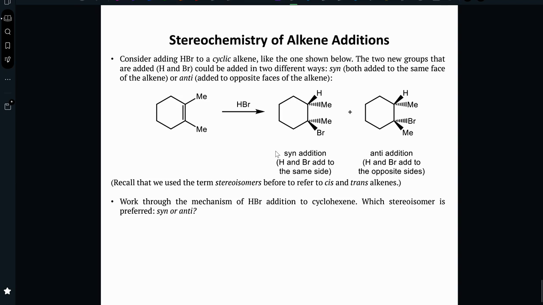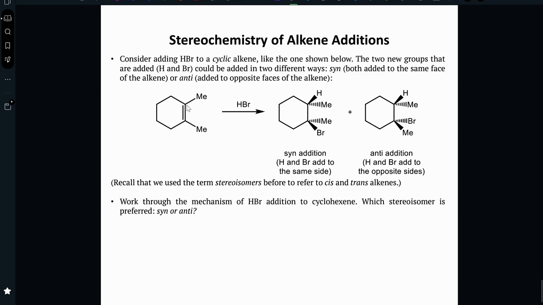So if we were adding HBr to the alkene I've shown over here, there are a couple of different products we might predict. We could add the hydrogen and the bromine both coming out of the page or both going into the page.